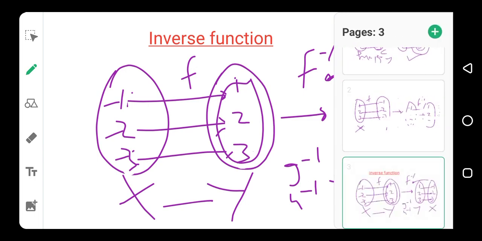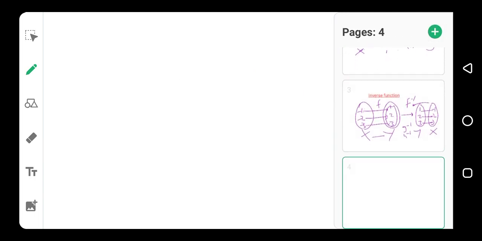Now, what can we do with an inverse function? If we have an expression or a function, they may ask us to determine the inverse function of it, and this is how to do it.